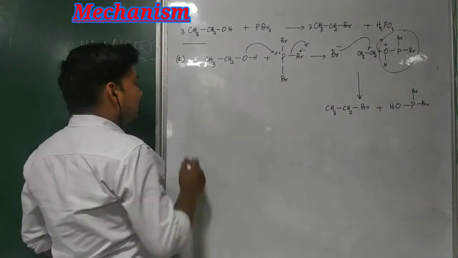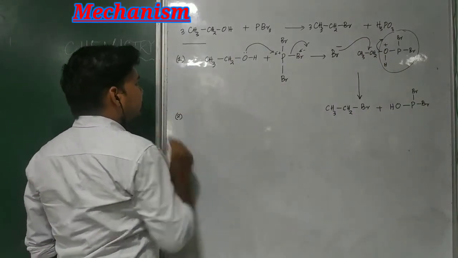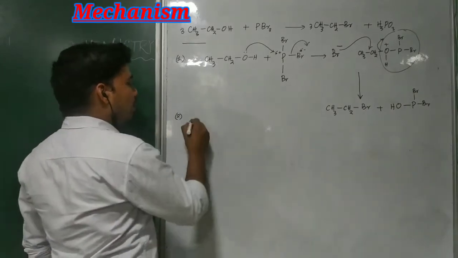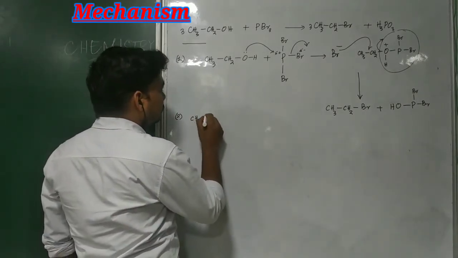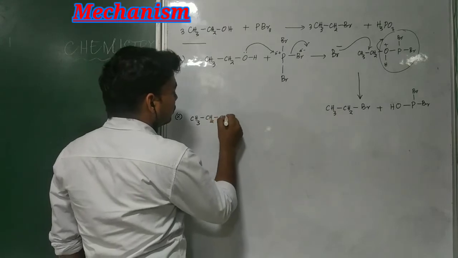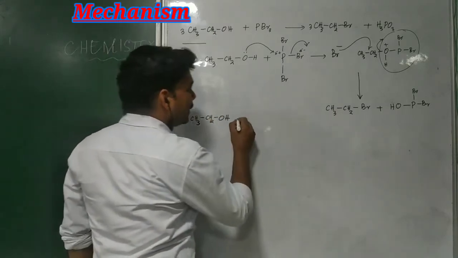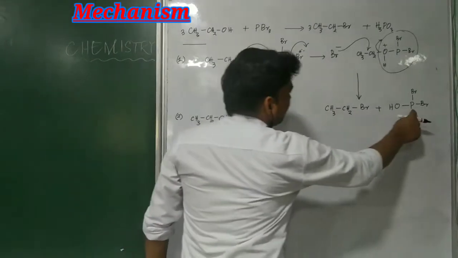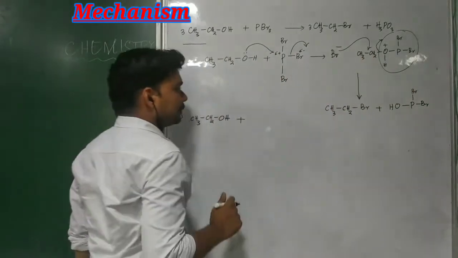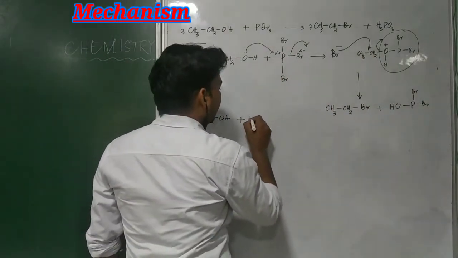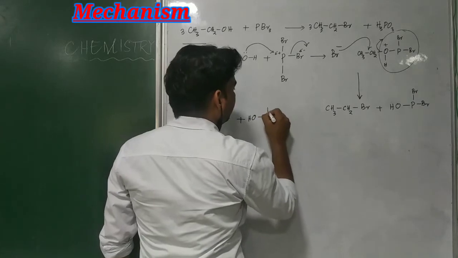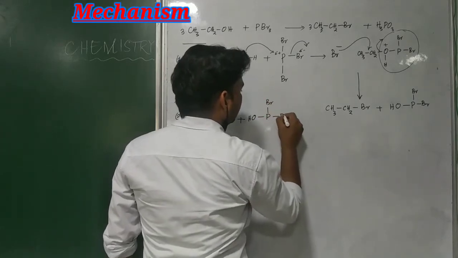In the second step, another alcohol molecule will react with this side product that has been obtained in the first step. HOPBr2.